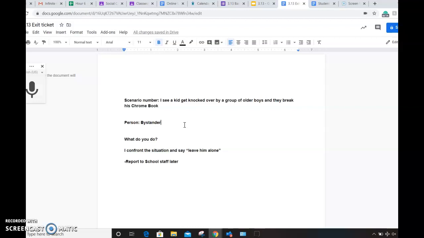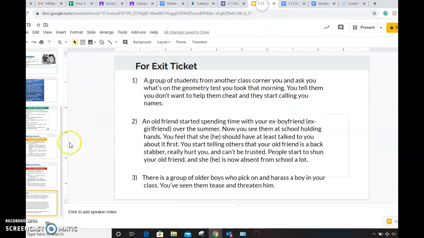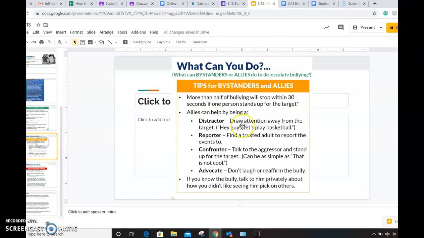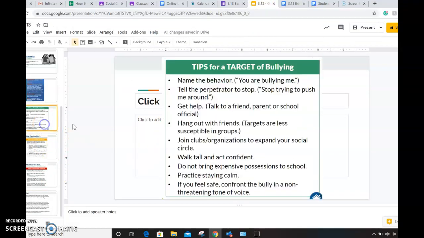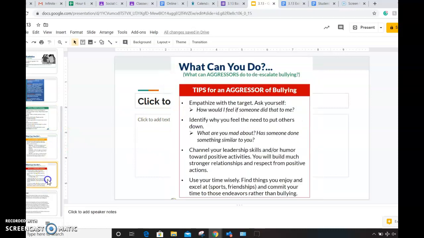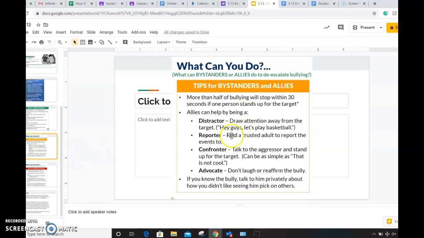I want you guys to go back and reference the slideshow. Since I said I was a bystander, I would go here. But if you said you were a target, you'd go here. And if you were the aggressor, you'd go there. Then I just need you guys to choose one of these things and talk about it a little bit.